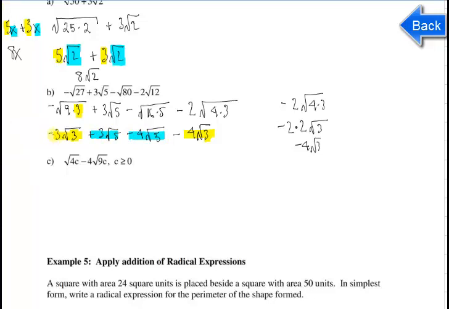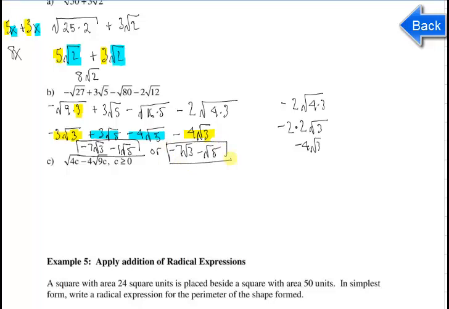And remember, you only add the coefficients and you leave the radical as is. So negative 3 minus 4 is negative 7 root 3. 3 minus 4 is negative 1, and then root 5. And so your final answer is negative 7 root 3 minus 1 root 5, or if you like, you don't have to put a 1 in front there, you can just write negative 7 root 3 minus root 5.